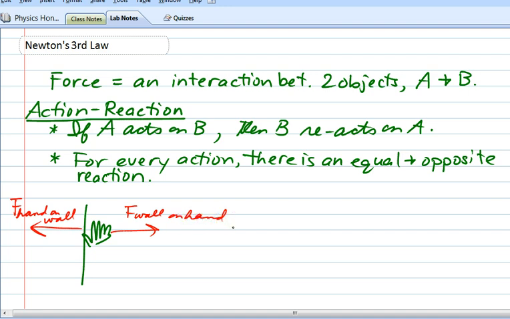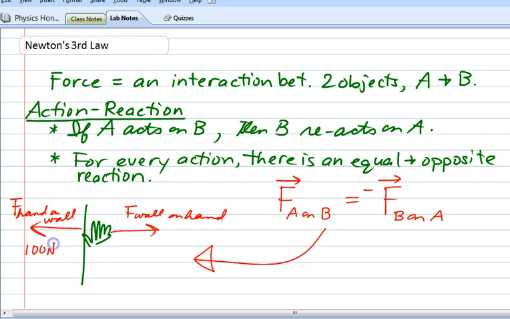Hopefully you can see a pattern: if A acts on B, then B reacts on A, and those forces are equal to each other but opposite in direction. We can see that from the diagram. I'm pushing the wall to the left, let's say with 100 newtons. The wall is going to push my hand to the right with 100 newtons. So if A acts on B, B reacts on A.